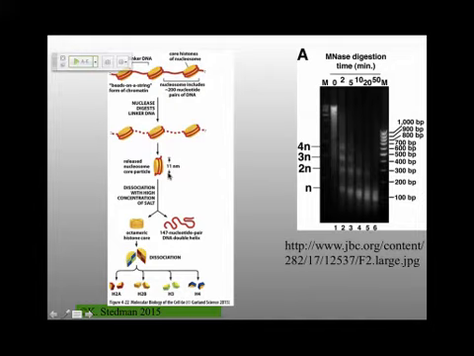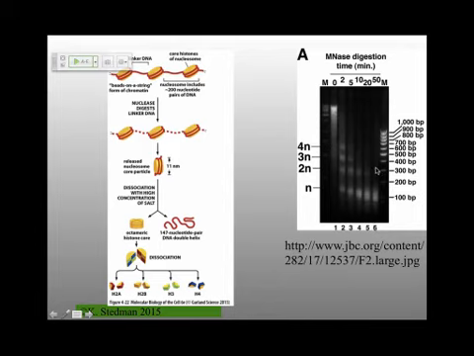The key to this experiment is that you use very, very, very small amounts of that nuclease. So you end up with not just one of these nucleosomes together, but sometimes you've got two, sometimes you've got three.